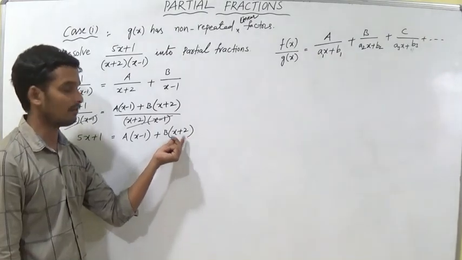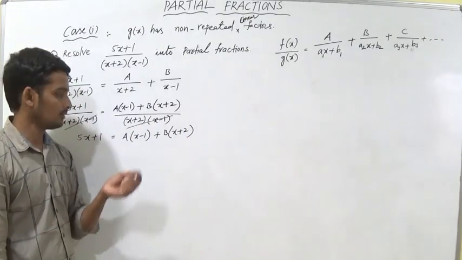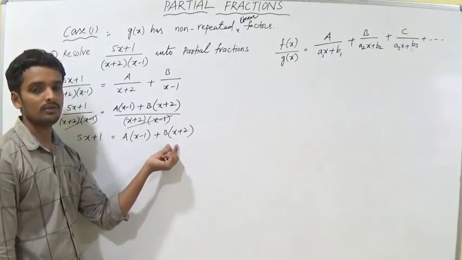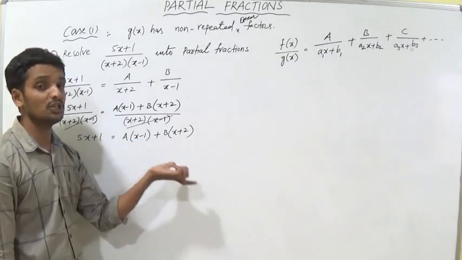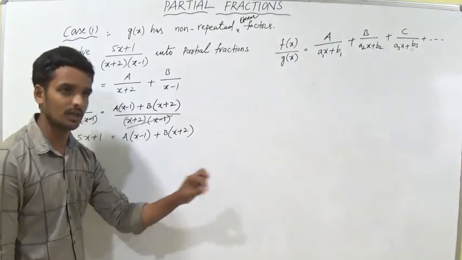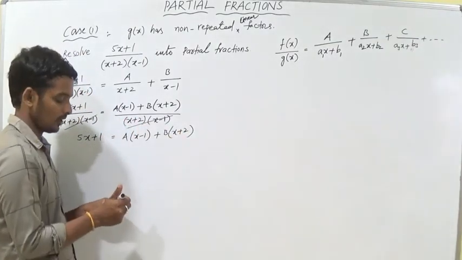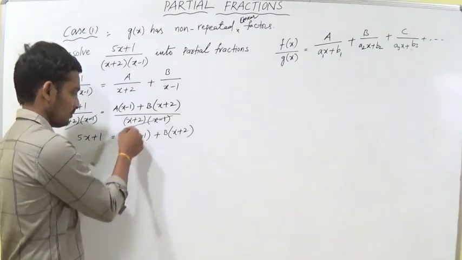So we have to find the values of A and B. This is like a linear equation in two variables. It has many solutions. Before going to that, we have to make either the A term or the B term zero, that is, cancel it.